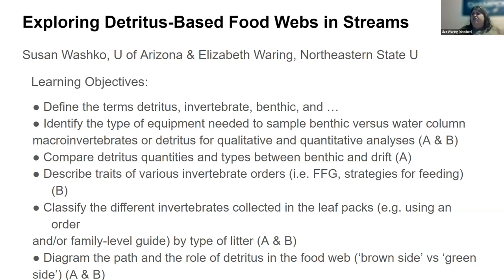Some are pretty basic, learning the terminology like detritus, invertebrate, benthic. I have an ellipsis there because it's whatever terminology you want your students to learn, and knowing the type of equipment used, depending on what kind of macroinvertebrate or detritus you're looking at, comparing quantities of them, and then learning about the macro inverts themselves. But rather than reading words, which we do enough of in our daily life. Can I see my next slide?